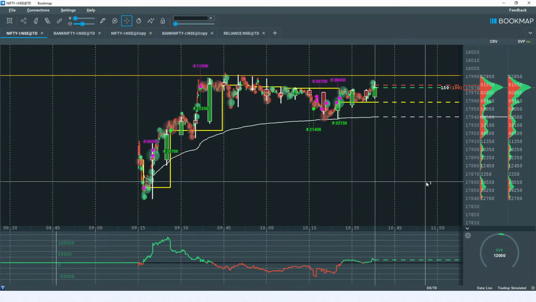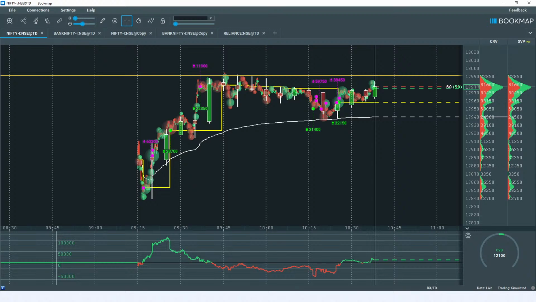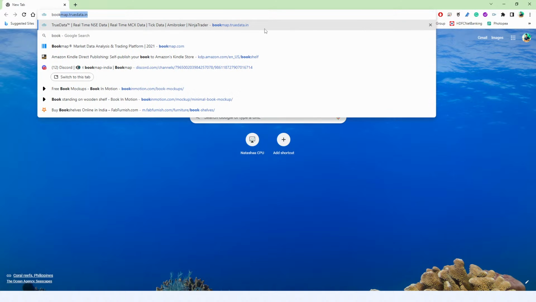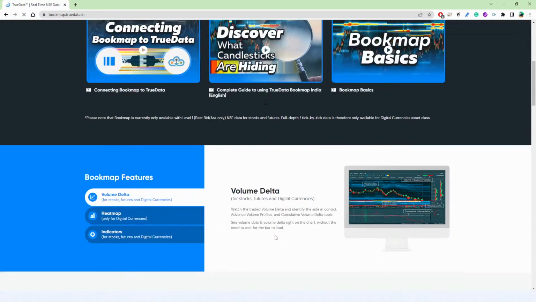By the way, how many of you are already using Bookmap Pro version? Cool. Venu sir is using. Just a moment, I want to show you this as well. If you visit bookmap.truedata.in, that's a website for Indian users.